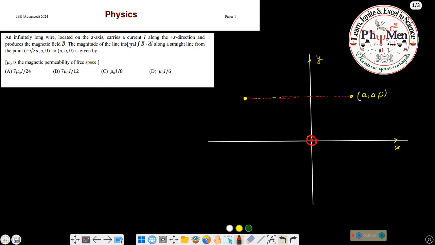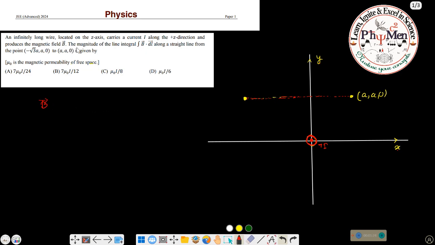It carries a current I along the z direction, and it produces a magnetic field B in the surrounding space.